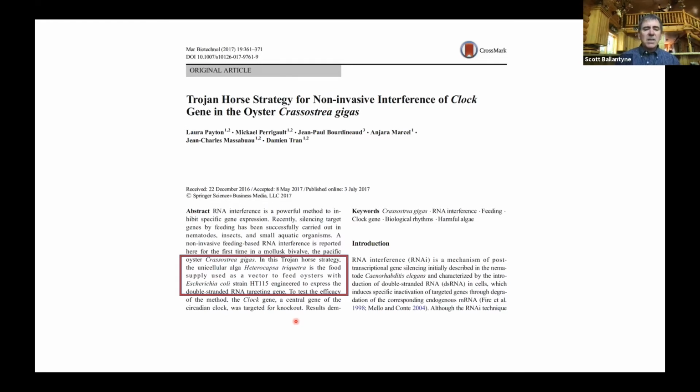What they found was that the E. coli didn't work all that well on their own, but they worked a lot better if they combined them with an algae. What they think is going on is that the E. coli are sticking to the algae, and then the algae are delivering the E. coli to the gut of the oyster sort of as passengers. So they came up with this term Trojan horse strategy to describe their procedure, and I think it is logical why they would use that.